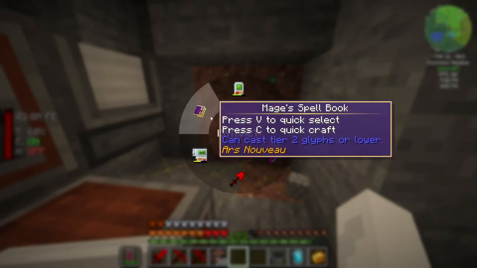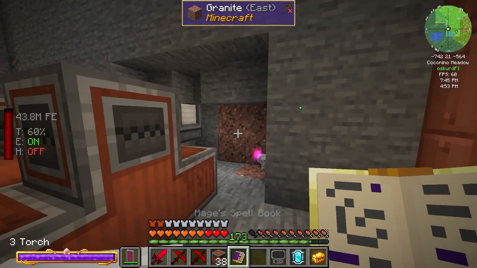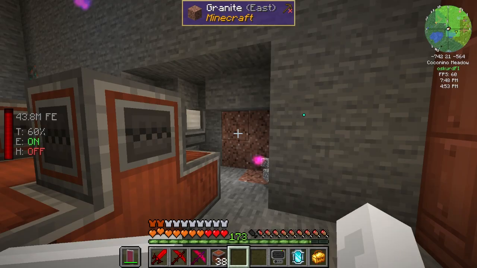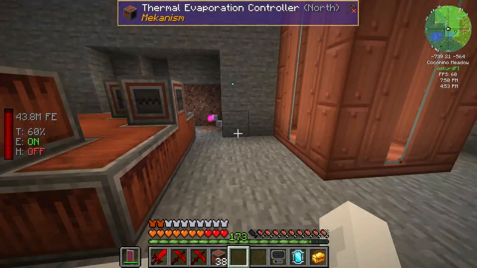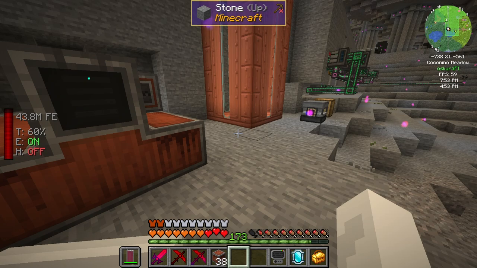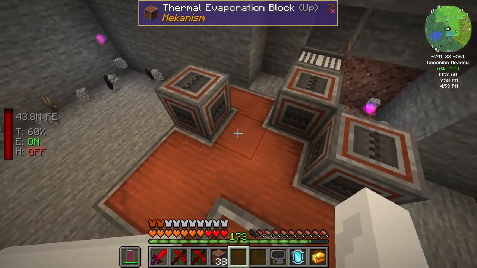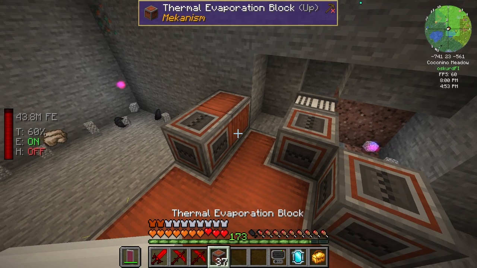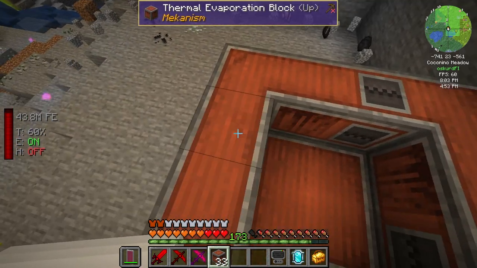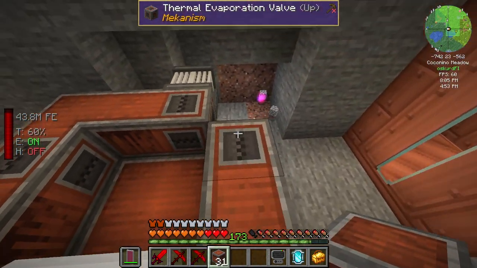So let's put a little light orb here. Thank you. And then I just fill that once we have powered everything. And then the rest of this goes right around here.